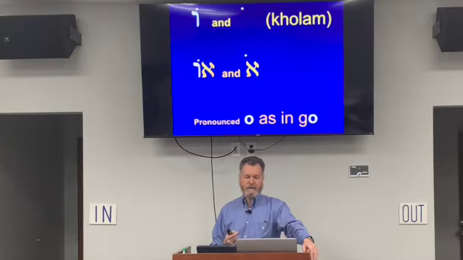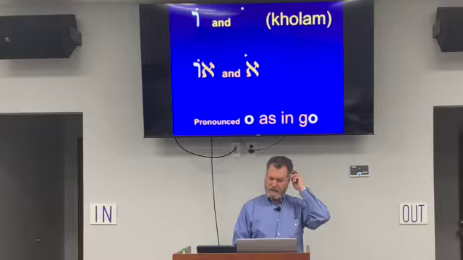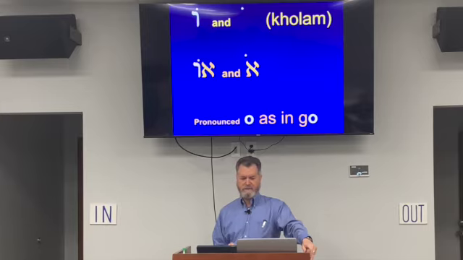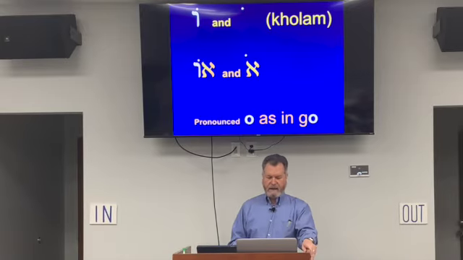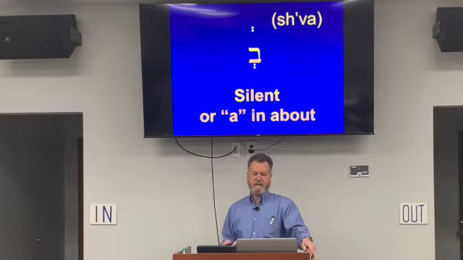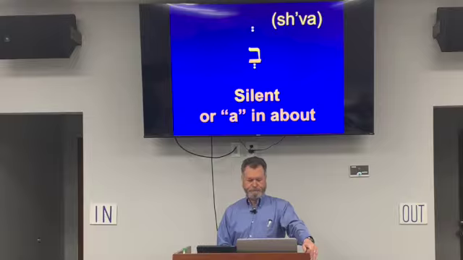And then the dot over a letter on the left-hand side, or a dot with a vav, which we still haven't learned yet, underneath it gives us the O sound, as in go. And the shva can either be silent or it can sound like the A in about.